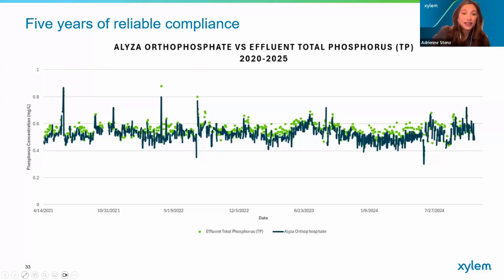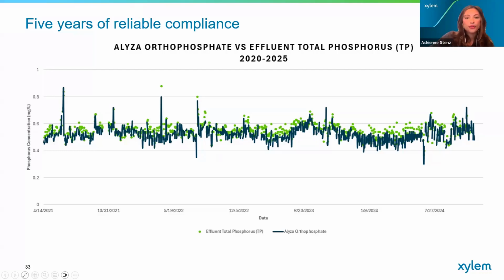Since installing the Alyza in 2020, Economowalk has only been out of compliance once for phosphorus. So this is a graph of Alyza PO4 readings in dark blue compared to effluent total phosphorus laboratory samples taken daily in light green, from data going back from 2020 through December 2024.